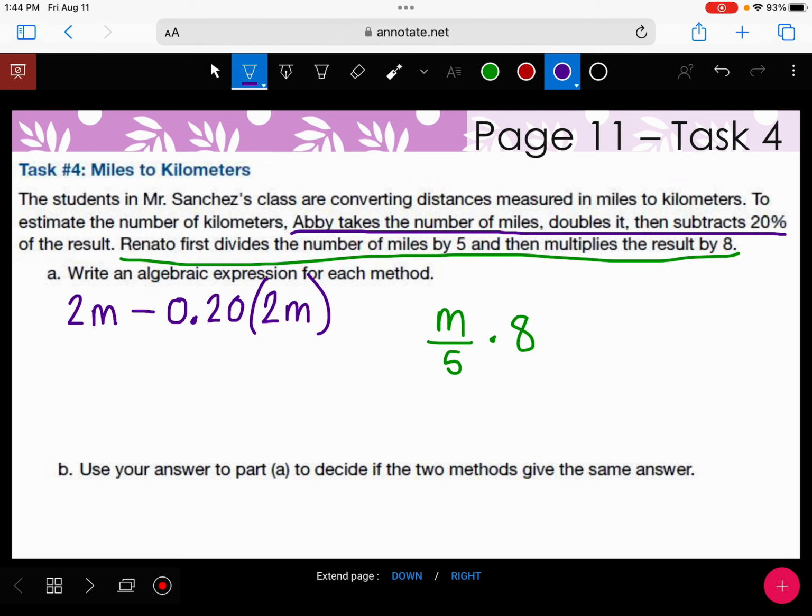So what we want to know is, do they get the same answer? Looking at this, it doesn't look like it. But let's see if we can simplify either one of these. Let's look at Abby's. Is there something I can simplify on Abby's?